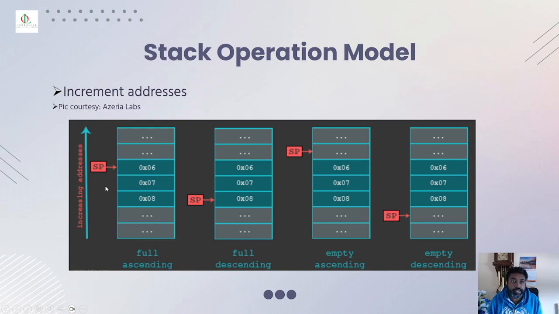As I said earlier, the stack memory by default comes in as an increasing address. So by default it comes as a full ascending operation model. What that is, the stack pointer will point to a location, and you have to push the data to the location, and then you have to increment.